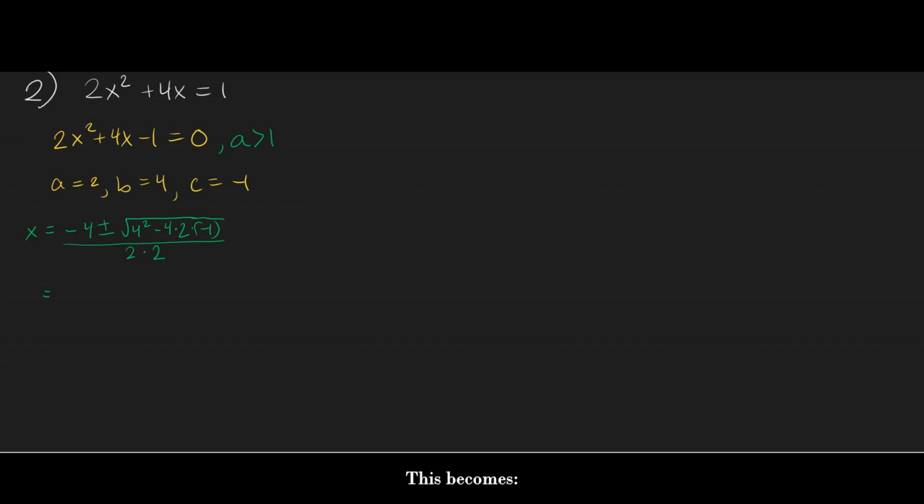This becomes negative 4 plus or minus the square root of 16 plus 8, divided by 4, which simplifies to negative 1 plus or minus the square root of 24 divided by 4, which simplifies further as negative 1 plus or minus the square root of 6 divided by 2.